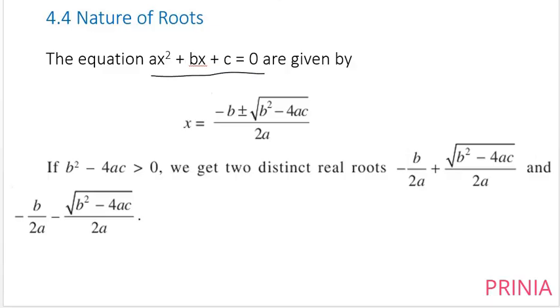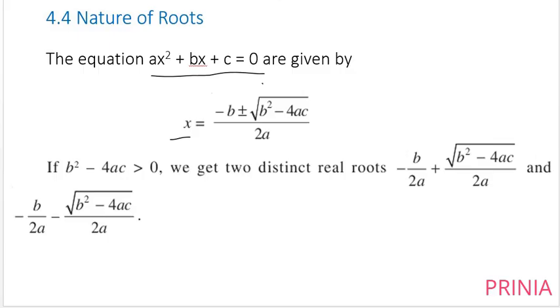The roots obtained, that is the value of x, are given by the formula x equal to minus b plus minus root of b square minus 4ac, whole divided by 2a.